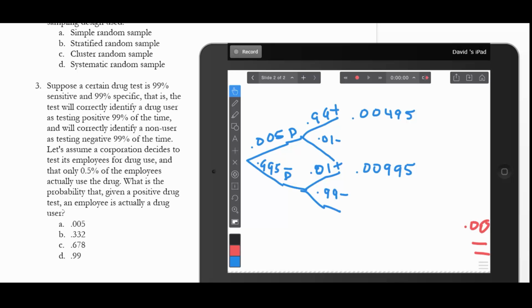So we only want to get the ones where we have a positive test, and I've gone ahead and just computed the probability, multiplying across the branches where I had positives. So I have someone who uses the drug and gets a positive result, and someone who doesn't use the drug and gets a positive result. Everyone I'm interested in now are those who got the positive result.